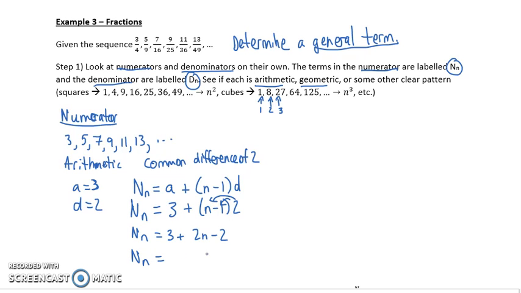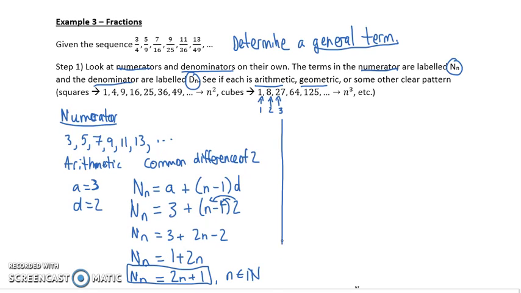Now I'm going to combine the like terms on the right side. 3 minus 2 is 1, so 1 plus 2n, which generally we write with the variable first, so we can write that as 2n plus 1. Now that is true for all natural numbers.